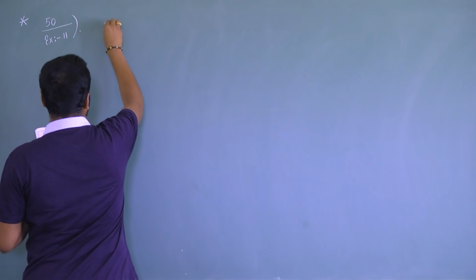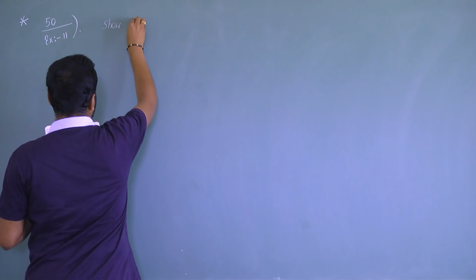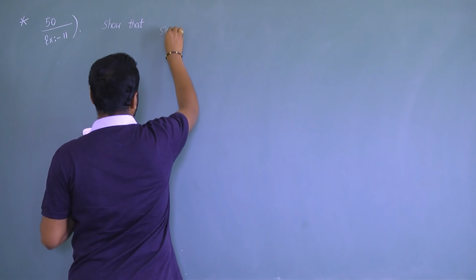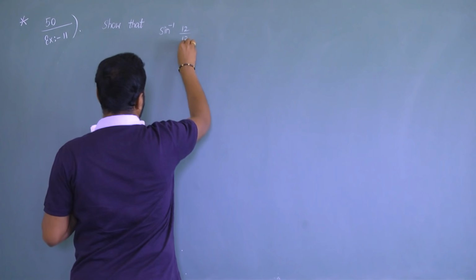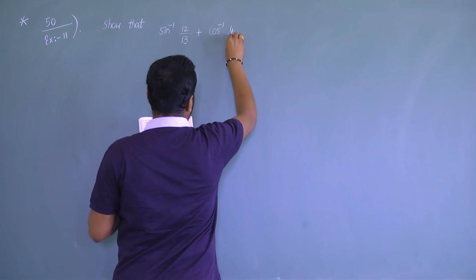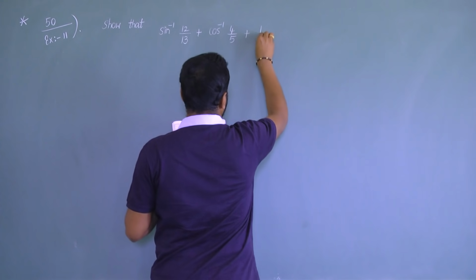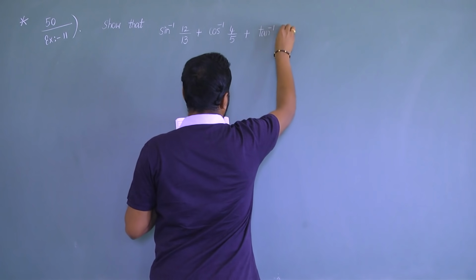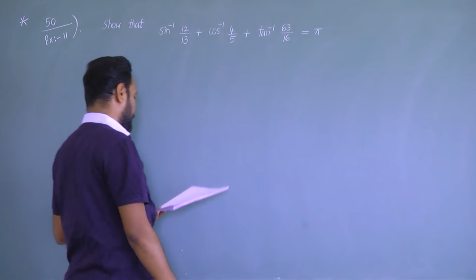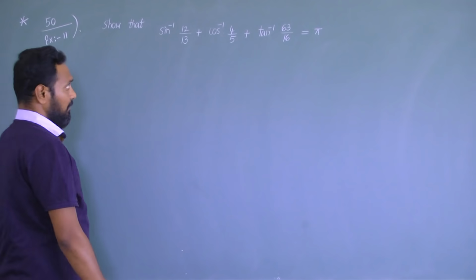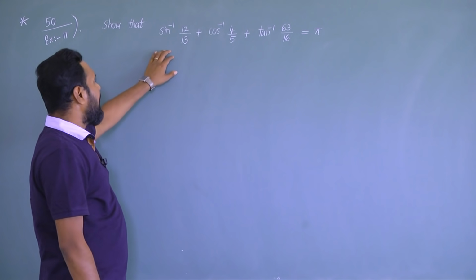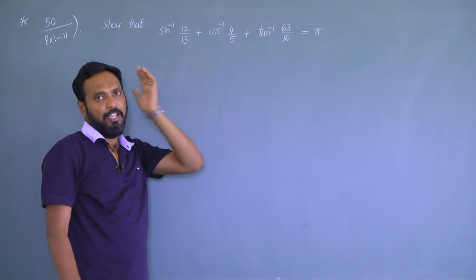Show that sin inverse 12 by 13 plus cos inverse 4 by 5 plus tan inverse 63 by 16 equals pi. One is sin inverse, one is cos inverse, one is tan inverse.